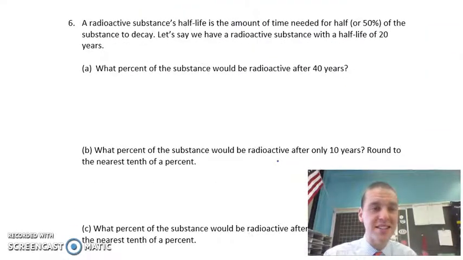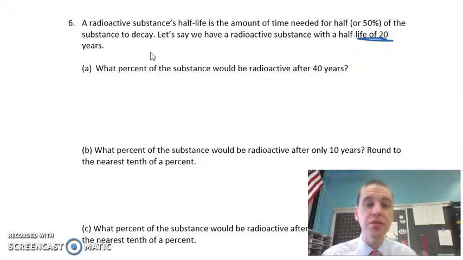On to our last example of the logarithm unit. A radioactive substance half-life is the amount of time needed for half of the substance to decay. We know half is 50%. Let's say we have a radioactive substance with a half-life of 20 years, meaning that it takes 20 years for half of the substance to decay. So we're going to look at this a few different ways.